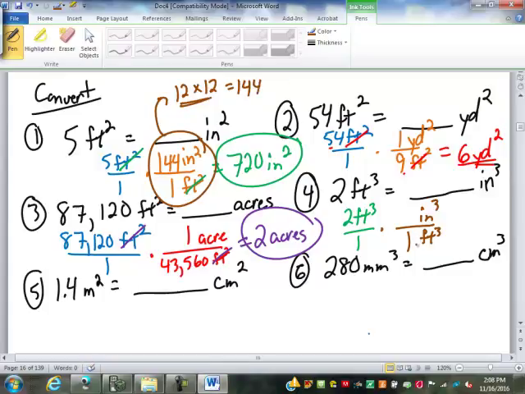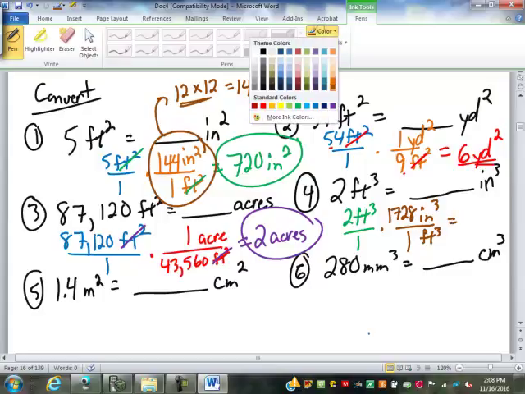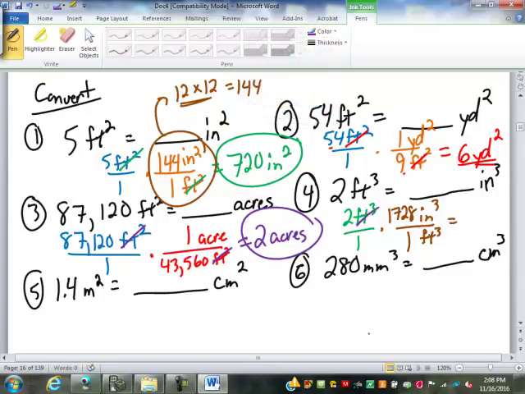Well, if it's a cubic foot, it's 12 by 12 by 12, or 1,728 cubic inches. Since the 1728 is on top, 2 times that, we'll multiply it, 3,456 cubic inches.